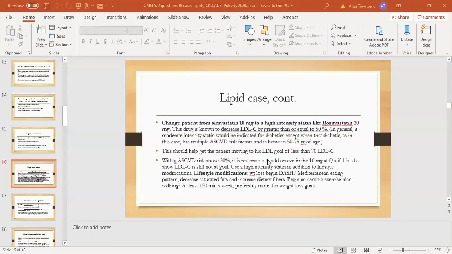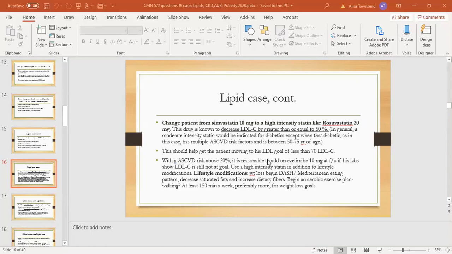Use a high-intensity statin in addition to lifestyle modifications: weight loss, begin a DASH Mediterranean eating pattern, decrease saturated fats, increase dietary fiber, and begin an aerobic exercise plan, walking at least 150 minutes a week. We hope he'll do that, preferably more, and weight loss goals. Okay, so we hope we can get him there.